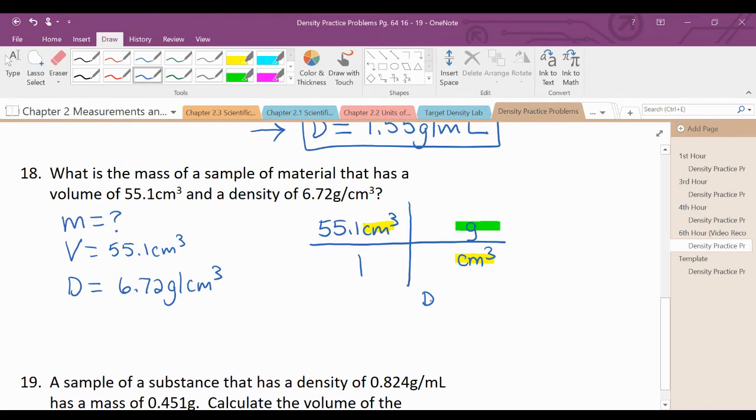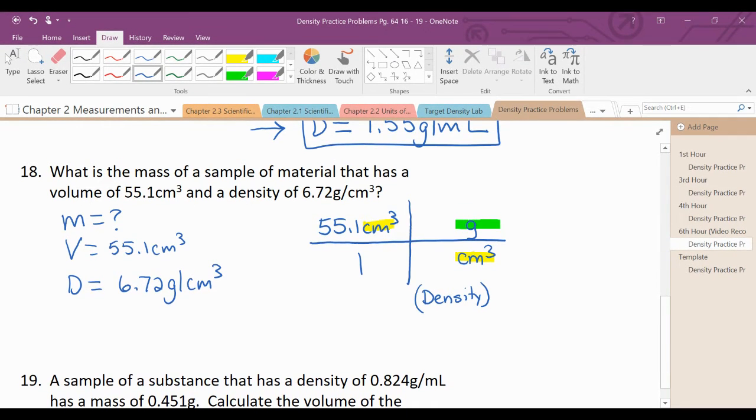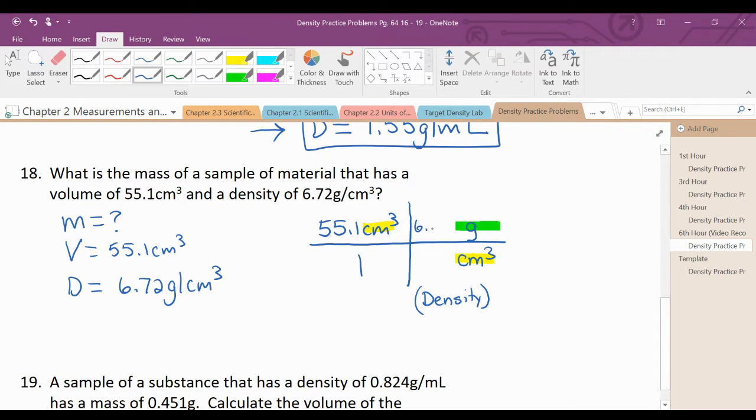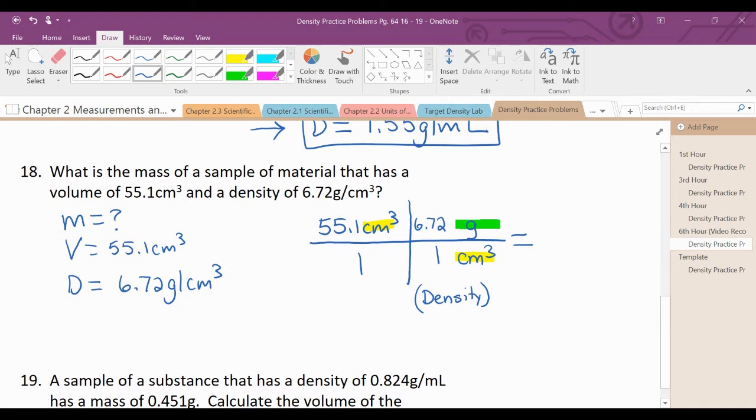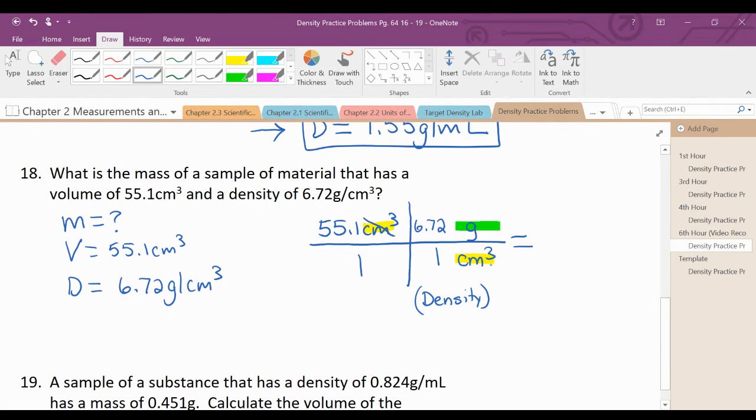This is density. And so the density of this sample is 6.72 grams per 1 centimeter cubed. For dimensional analysis problems, you multiply the top of your railroad tracks, you multiply the bottom of your railroad tracks, and you divide. These units cancel.